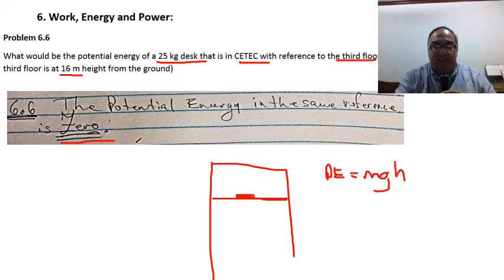H, in reference to this, is 0. Of course, it has a height from the ground, but really this will be 0. So the potential energy will be 0.